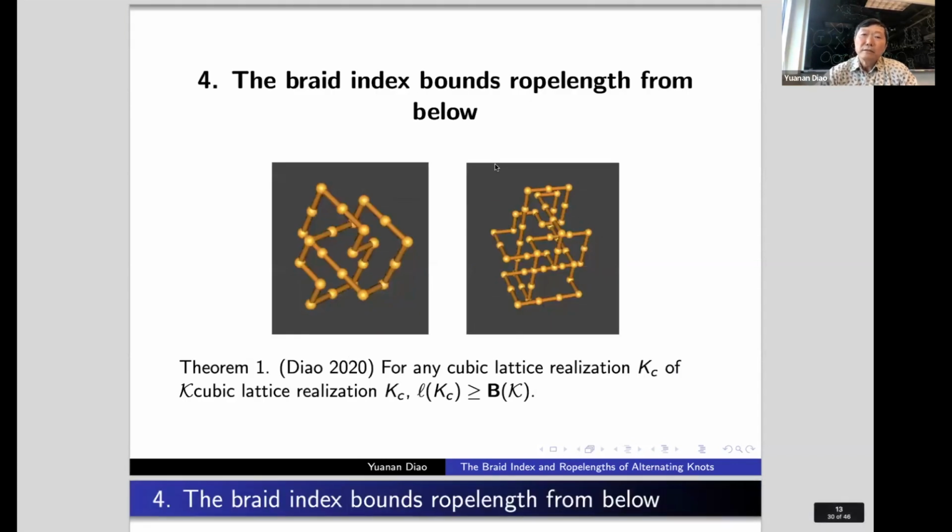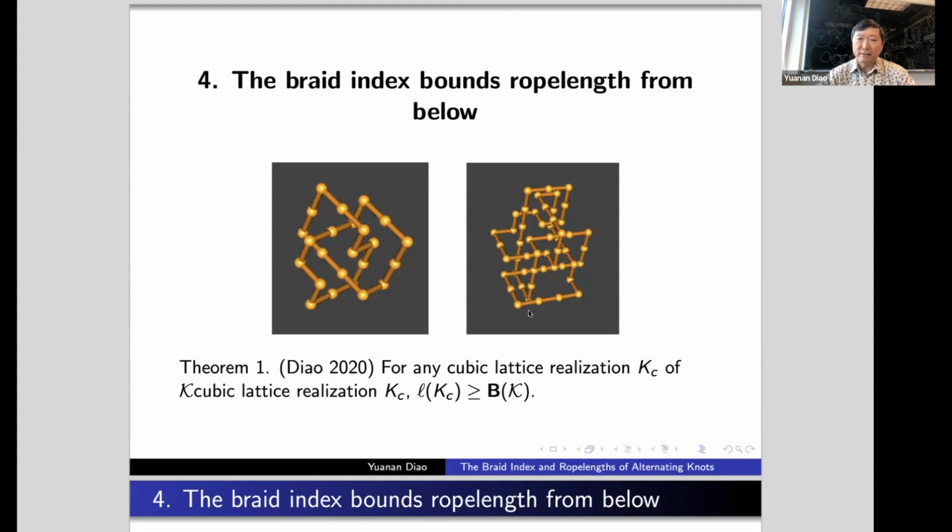So the next thing I want to do is relate the braid index with the ropelength. I want to see how those two things relate. And in fact, I want to tell you the braid index also serves as a lower bound for the ropelength. To do so, I will introduce this lattice embedding of your knots.